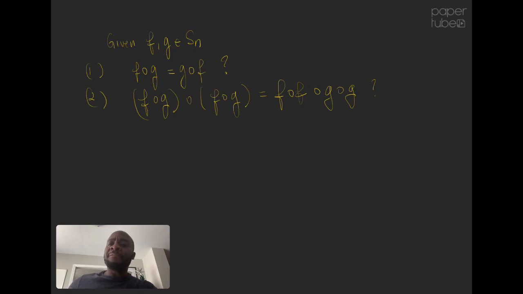This way of thinking about mathematics is what we call abstraction.